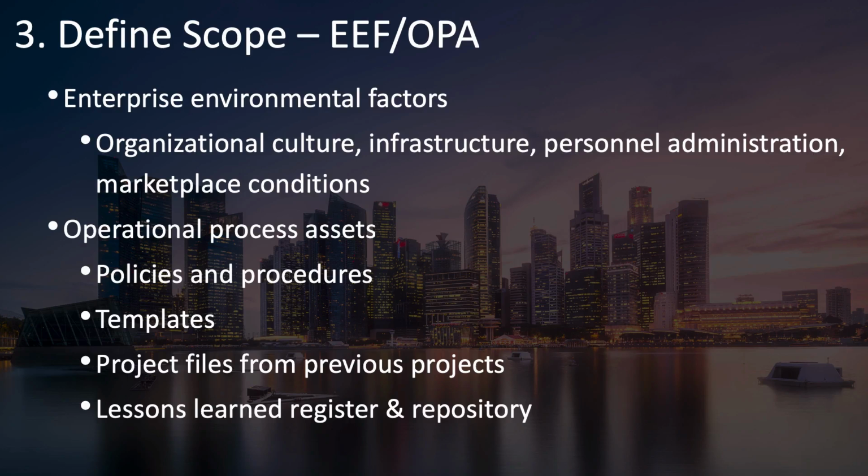You may notice that this is an exact copy and paste of the list that was in the collect requirements process. But just as with the collect requirements process, there may be other enterprise environmental factors that aren't listed here. As before, what about government regulations? Those could definitely affect the details of your scope.